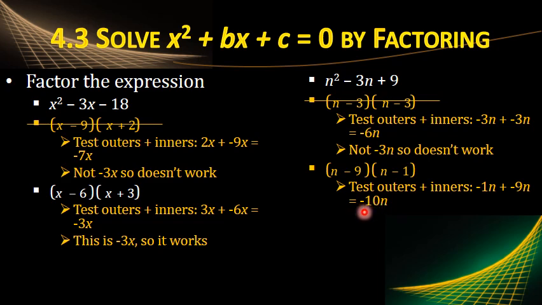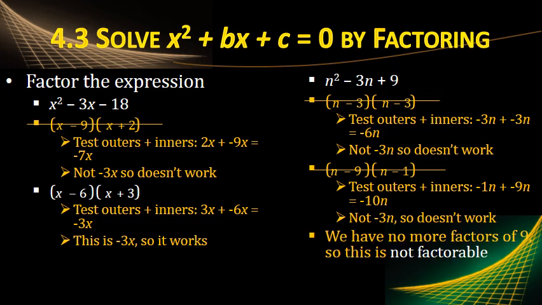Add those together and we get negative 10n, which is not negative 3n. So that doesn't work either. I can't think of anything else that multiplies together to make 9. So, since there's no other possibilities, this one's not factorable.